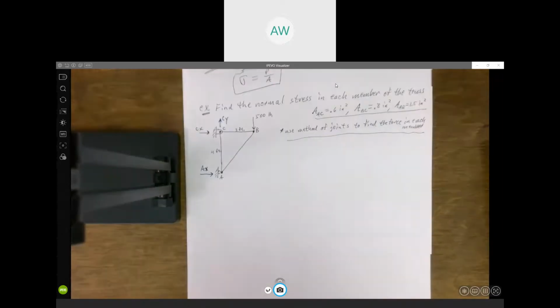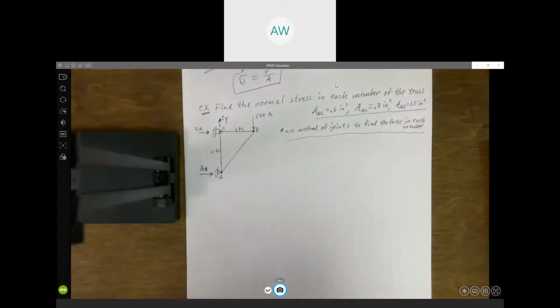So we get a horizontal reaction force. Now, you may or may not remember, but in order to start the method of joints, we have to have a joint that has no more than 2 unknowns. We're going to draw the free body diagram of this joint and apply our equilibrium equations, which, since all the forces go through one point, the moment equation doesn't do anything for us.